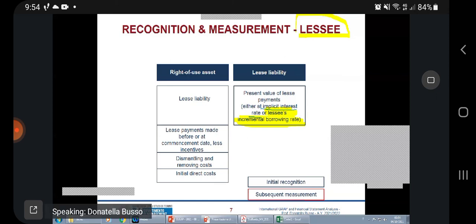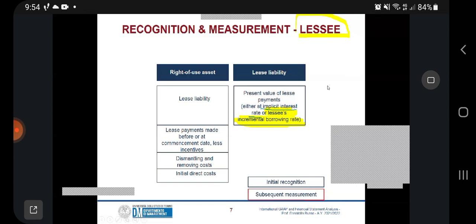They are accounted for separately, and in particular, the right of use asset is an asset. It's not the building. It's the right to use the building for 6 years. But at the end, it's similar.